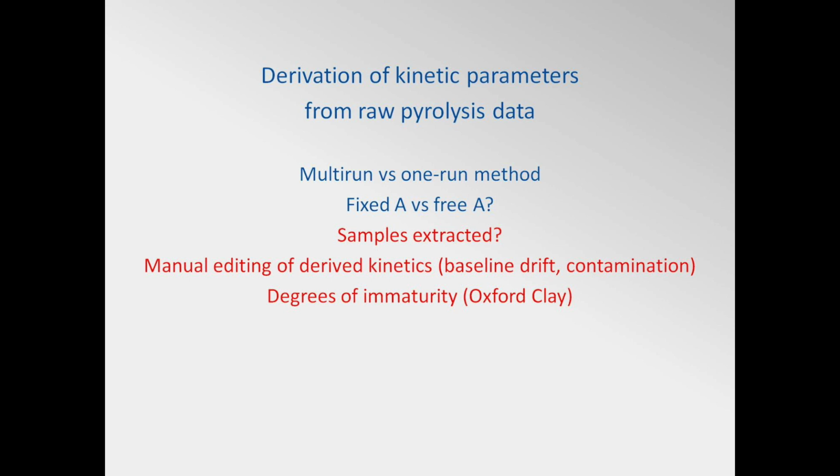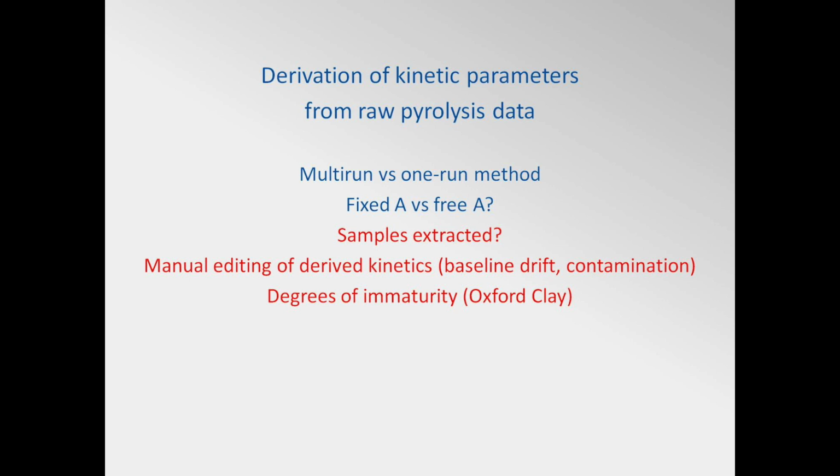But there are a number of other issues that should be addressed. For example, the question of whether or not to extract the samples, or whether or not samples have been extracted, and how to compare them with unextracted samples. A second point is the possibilities for manual editing of the derived kinetics to account for baseline drift or any kind of contamination.